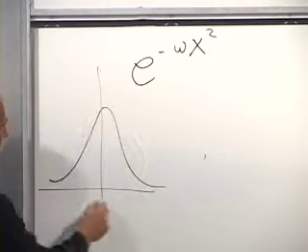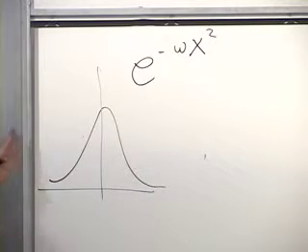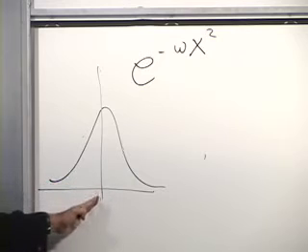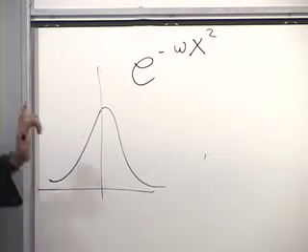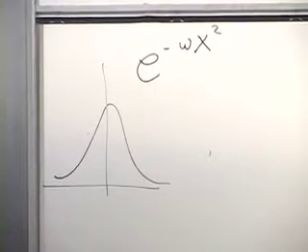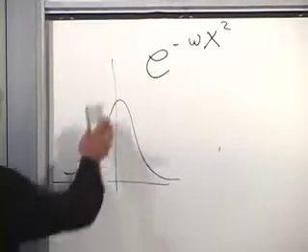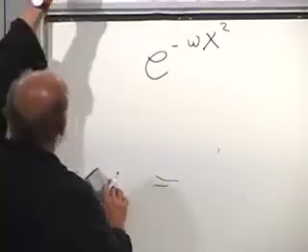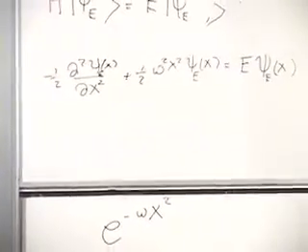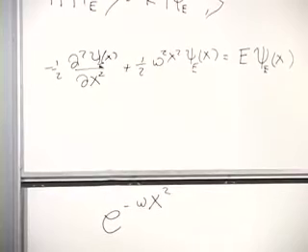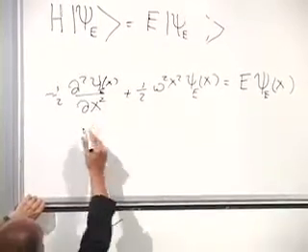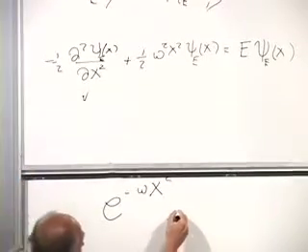So it does correspond to an oscillator which is more or less concentrated near the origin. Let's see if we can figure out what the Hamiltonian does to it. The first term, the minus 1/2 d by dx squared. Let's differentiate it twice with respect to x. That's the first term in the Hamiltonian here. This is psi.